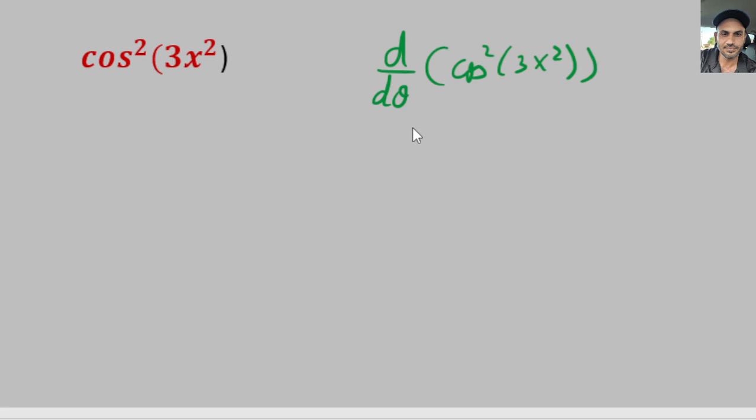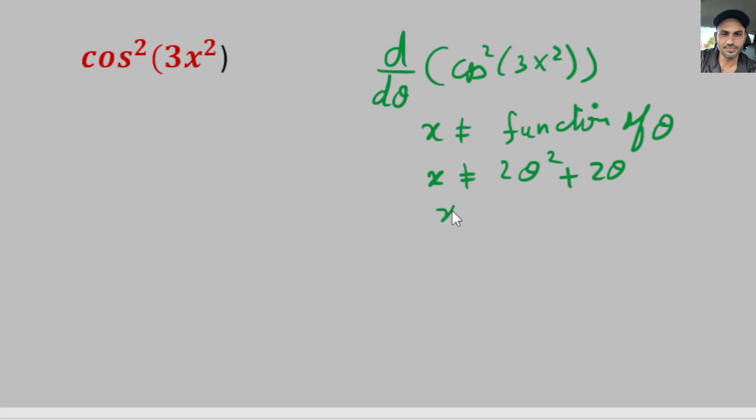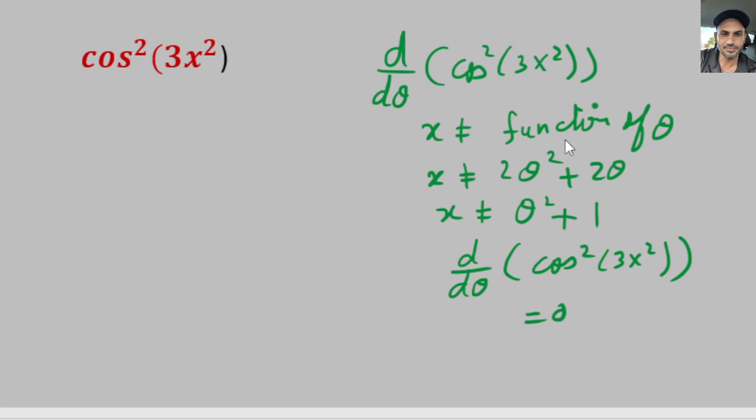As long as x is not a function of theta, meaning x is not written as something like 2 theta squared plus 2 theta, or theta squared plus 1, we can treat it as a constant. So the derivative of cosine squared of 3x squared equals 0.